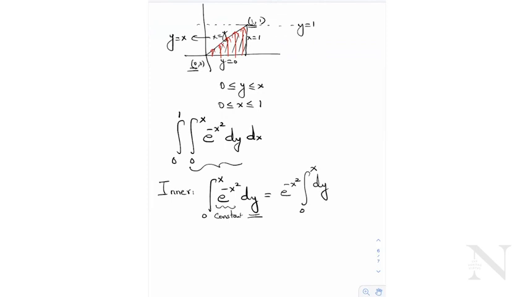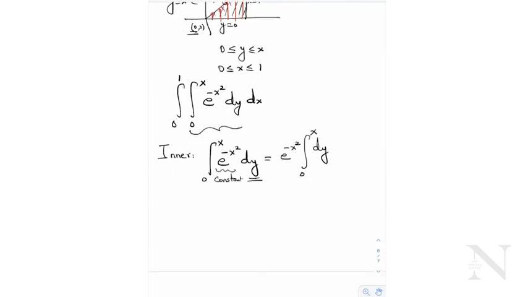This is why we are switching the order, because we can take that trouble guy outside of the integral, keep it there for the time being and see what we can do. The integral of dy is y, so it's e to the power of negative x squared times y from 0 to x, which is going to be x e to the power of negative x squared.